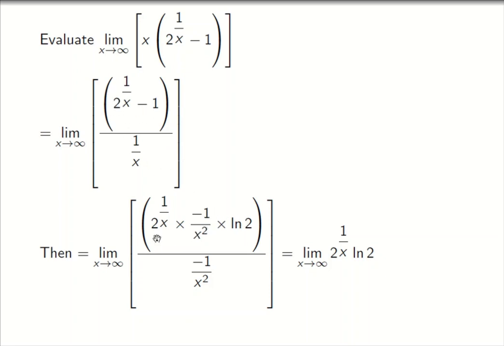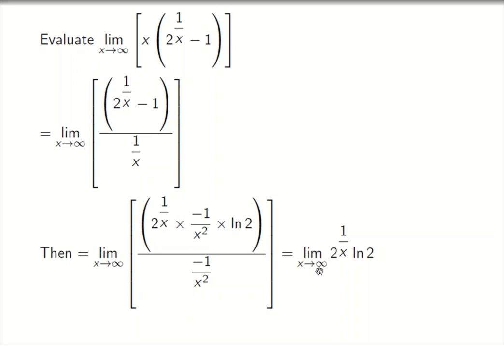When you differentiate 1, you get 0. So the differential of this alone is given as this. Now the differential of the bottom, you use the quotient rule and you get negative 1 over x squared. Now this negative 1 over x squared can be taken out.